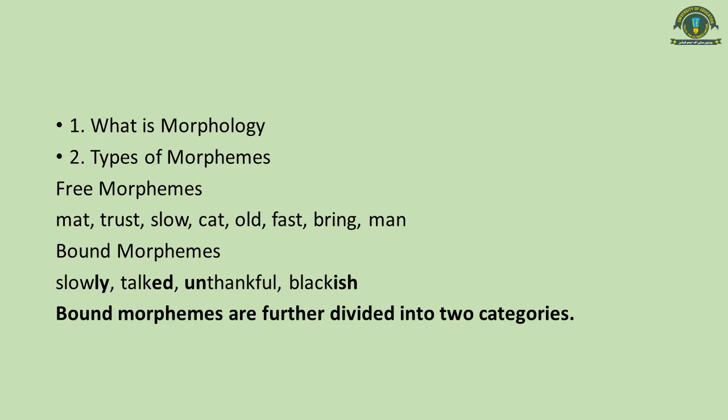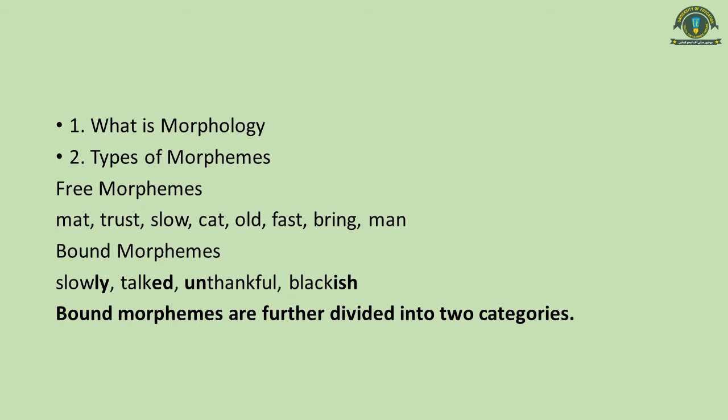So syntax is the study of the formation of sentences, while morphology is the study of the formation of words. The final aim of both these fields of linguistics is to study how meaning is produced in language. The main difference between morphology and syntax is that morphology studies how words are formed, whereas syntax studies how sentences are constituted or formed.